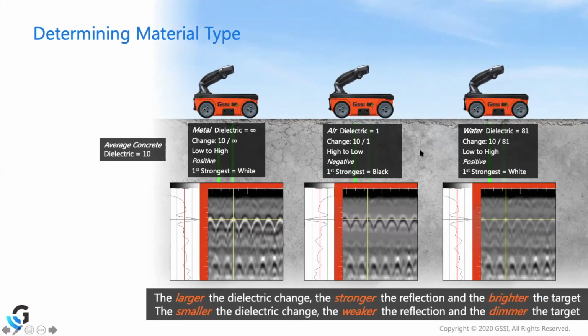So in the case of water, if you have a water-filled PVC, your oscilloscope is still going to be displaying positive, but if you look closely at the data, the water is reflected as a target, not quite as bright as metal. So metal is always going to ring like a bell. It's always going to bounce right off of it. So it will produce a nice bright white display.